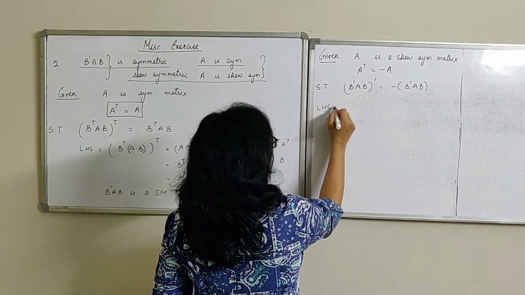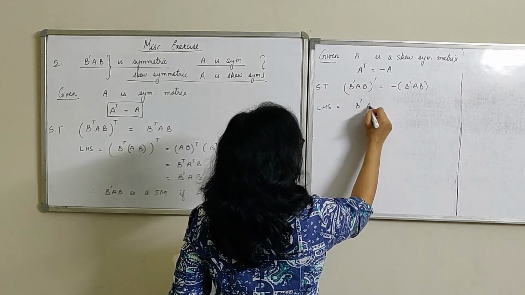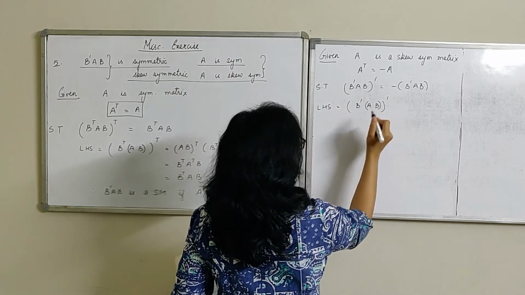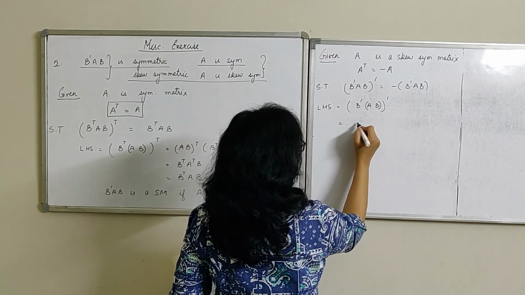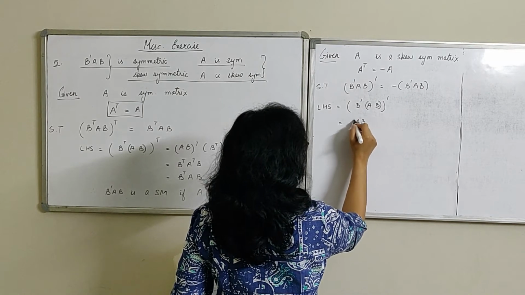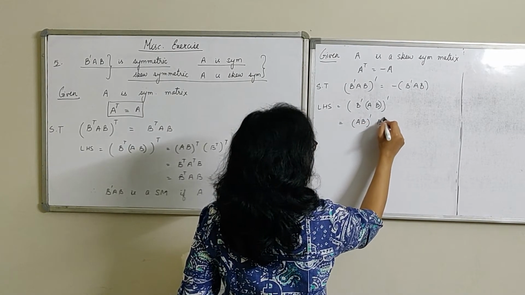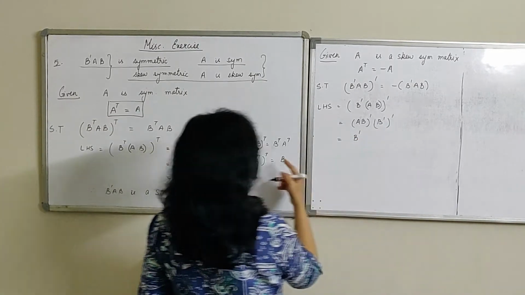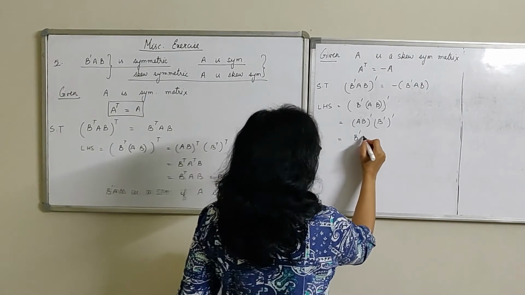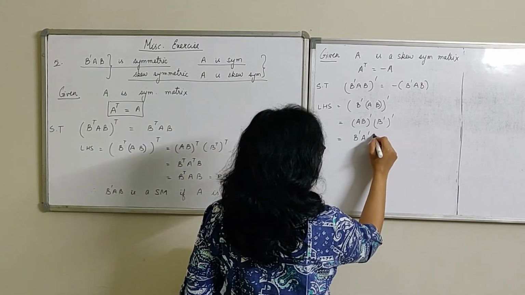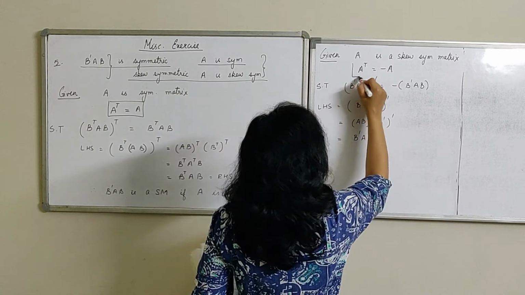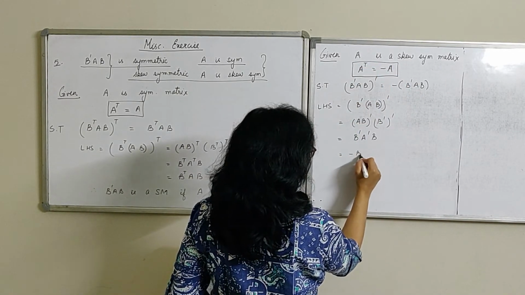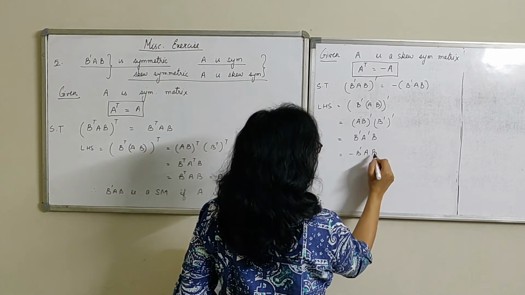So starting from the left hand side, transpose of this product. Here again I will consider AB as one matrix. So using properties of transpose of matrices, (AB) transpose into transpose of B transpose, using similar properties here, B transpose into A transpose into B. Since we know A transpose is minus A, replacing this by minus A, we get this.